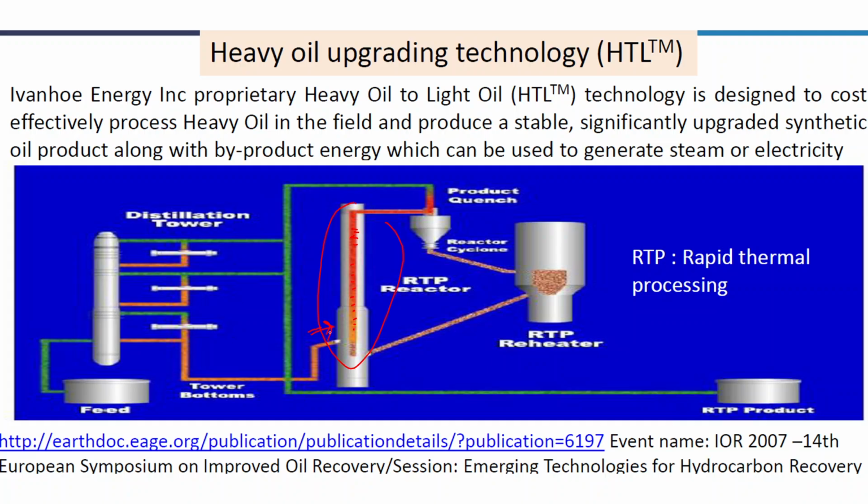When we introduce heavy crude oil in this, treatment is done and the lighter fraction is given out from here. The sand is taken here for regeneration, and a cyclone separator is there. After the treatment of the hot sand with the crude oil, it is taken here where the lighter fraction is separated, and the sand is sent back.